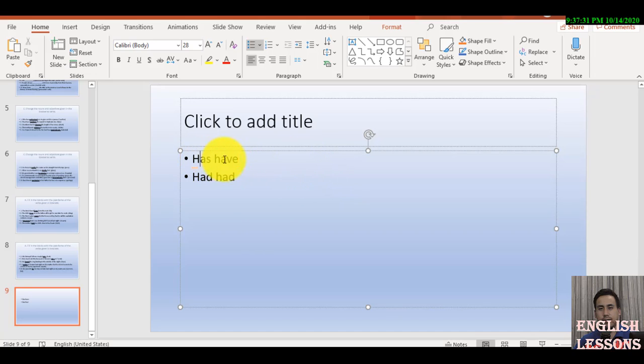Had can be plural, had can be singular. These are some of the points which you need to keep in mind when we study agreement of verb with subject. So this is it.